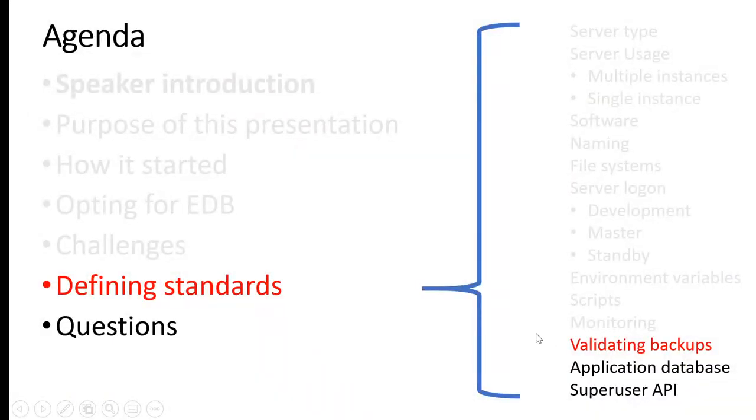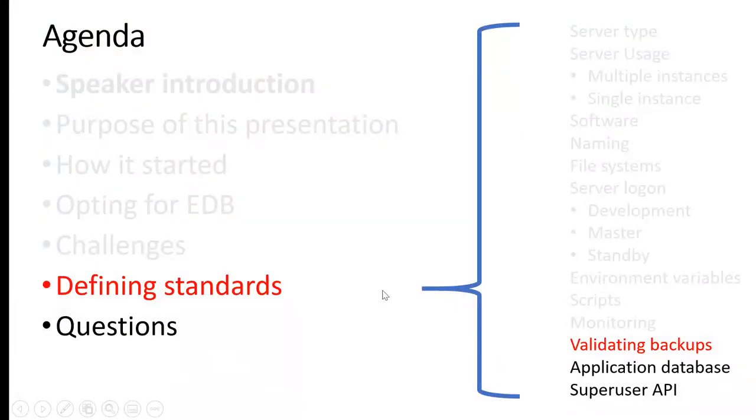Then, making backups is one thing, but how do we know that they are useful? We could trust the message at the end of the backup, which says backup successful, but is it really successful? And we didn't want to rely on that, and that's what we did to solve that.